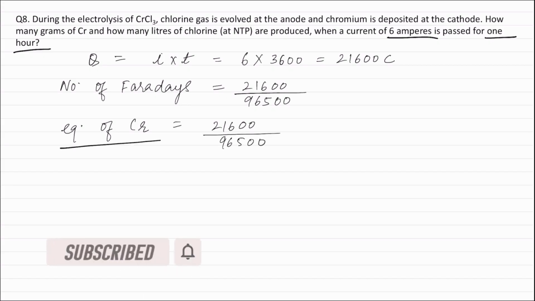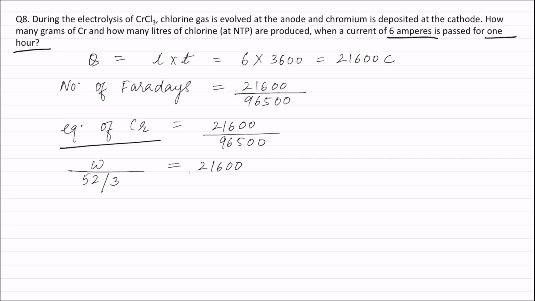And what is equivalence of chromium? Equivalence of chromium will be equal to weight of chromium, let it be W, divided by equivalent weight of chromium. Now, what is the equivalent weight of chromium? It will be equal to atomic weight of chromium, that is 52, divided by 3. Therefore, equivalence of chromium is equal to 21600 divided by 96500. Now, solving this equation, the value for W is equal to 3.88 gram.